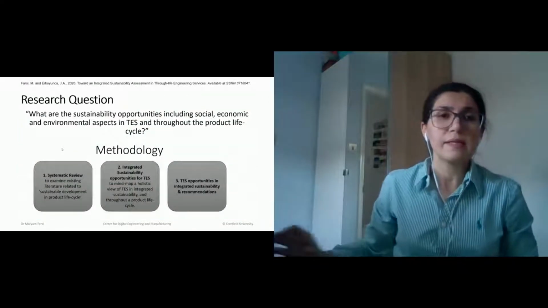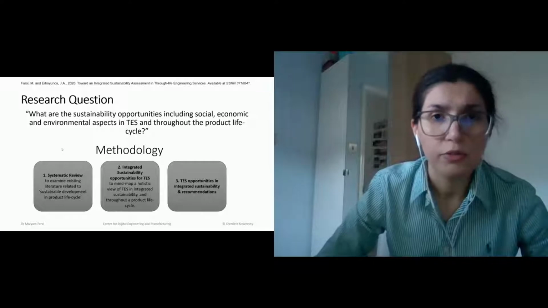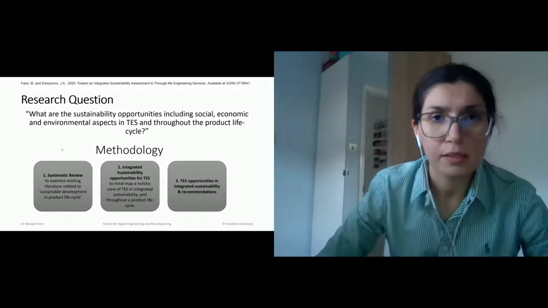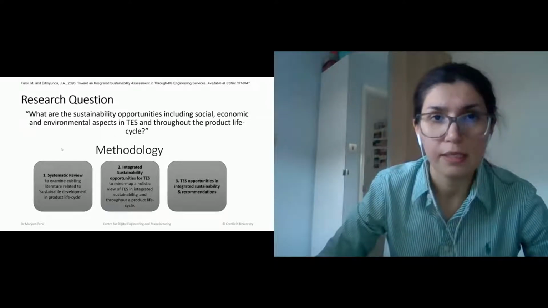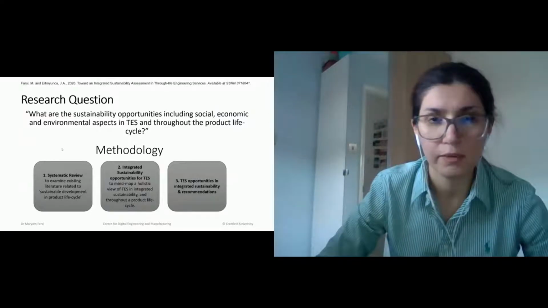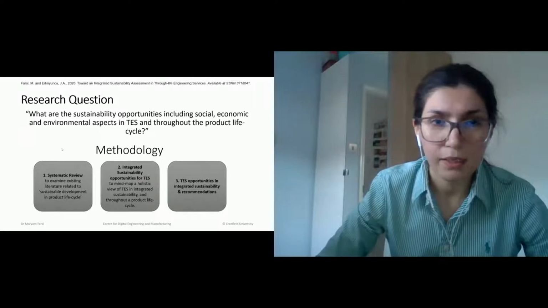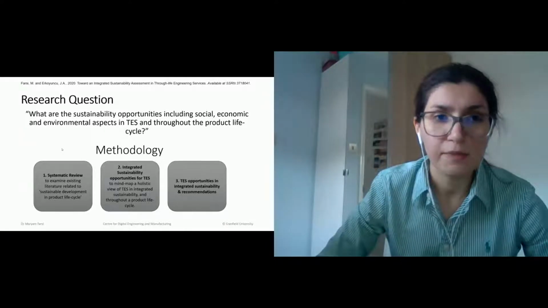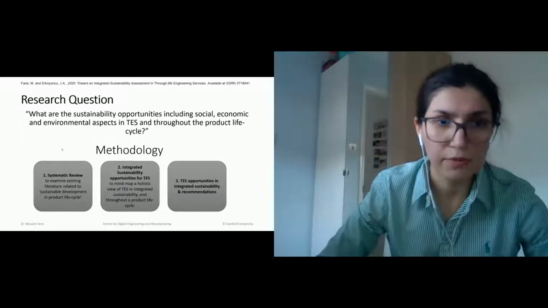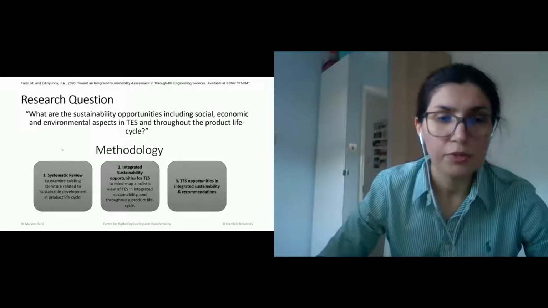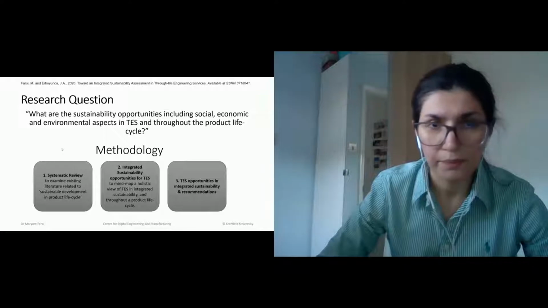So this leads us to the research question: what are the sustainability opportunities for the integrated sustainability assessment throughout the product lifecycle? As I mentioned, this research is purely based on the literature review. As the first step, we conduct a systematic review to examine the existing literature regarding sustainable development in product lifecycle.